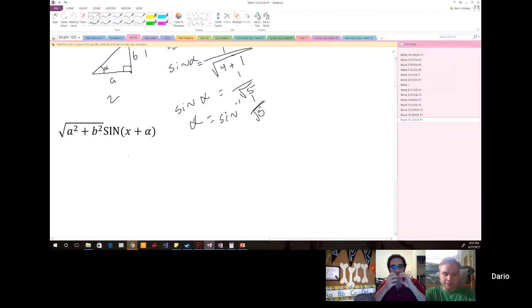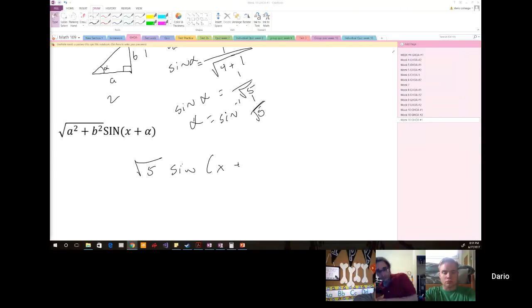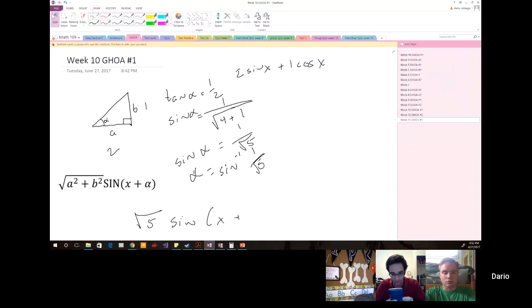So we would have, again, the square root of 5 times sine of x plus alpha, and I need to find the arc tangent of 1/2, so 0.5.